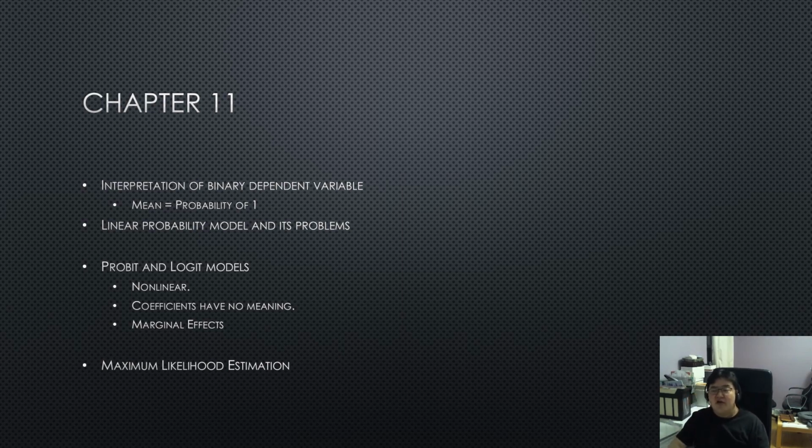And finally, the estimation principle is different from the linear regression model. The estimation of probit and logit models is not by the OLS method, but by maximum likelihood estimation. Maximum likelihood estimation is maybe the most important method in statistics, the most optimal, desirable estimator in statistics.